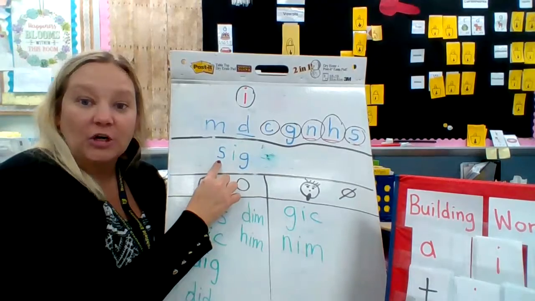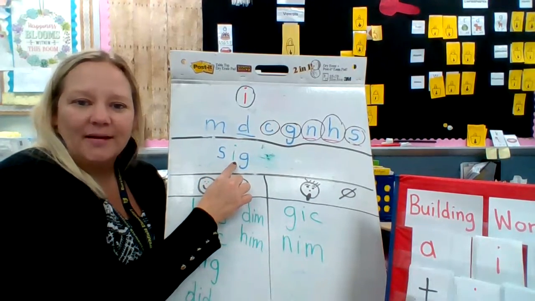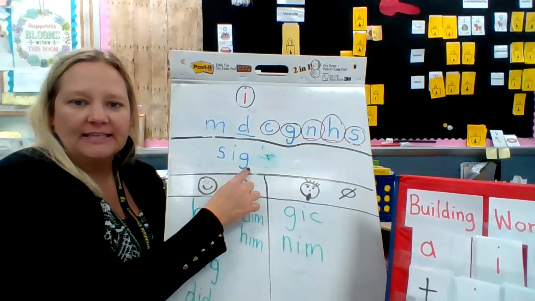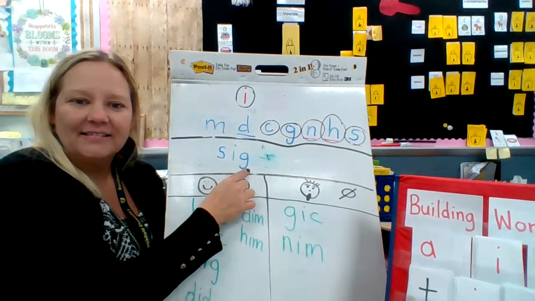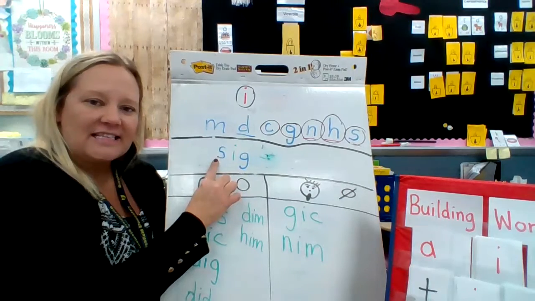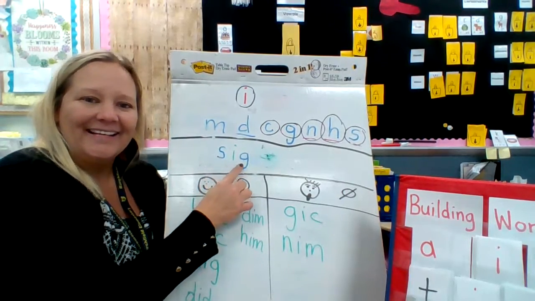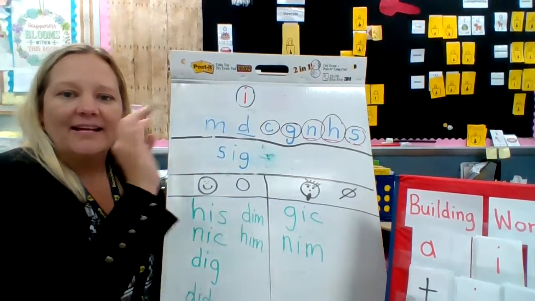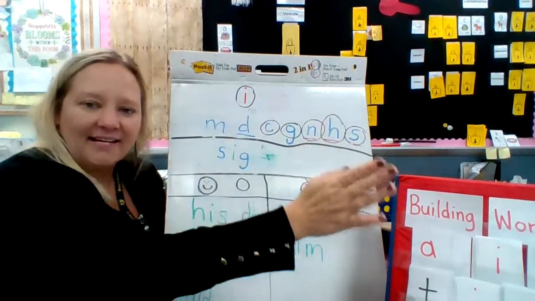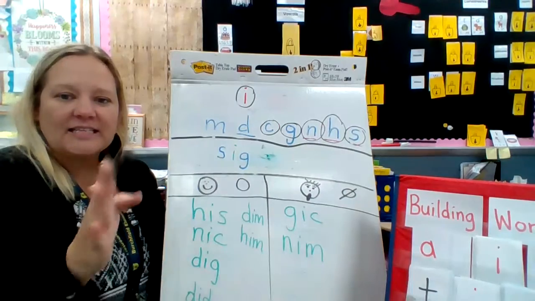We've got s first, i in the middle, g at the end. S, i, g. One more time. S, i, g. Chop it. S, i, g. A little faster.